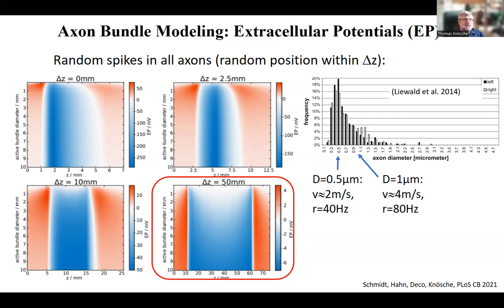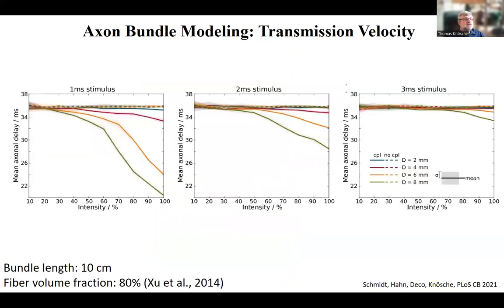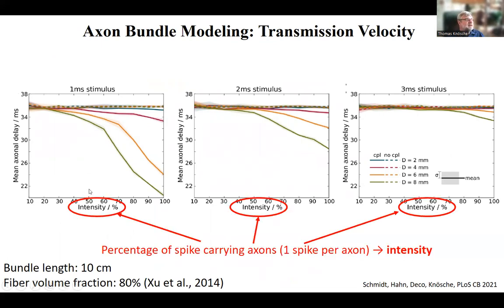So if we take this case as a realistic case and then see what happens to the transmission velocity, or the transmission delay, then we can observe what happens if we put into such a bundle a volley at the proximal end that has a certain duration, 1, 2, or 3 milliseconds, with one action potential within that period per axon, but not at every axon, only a certain percentage of the axons.